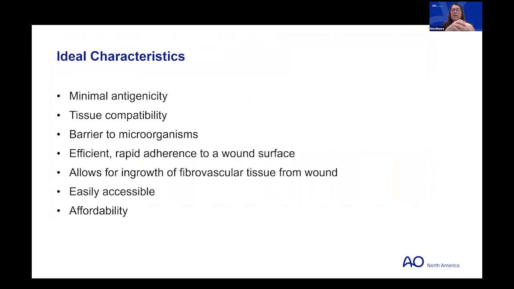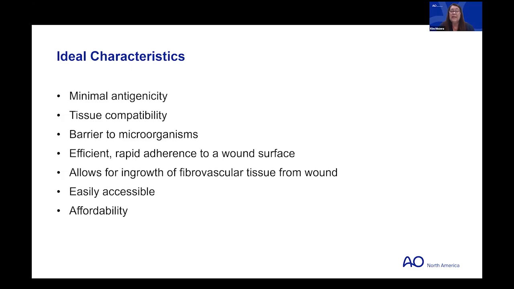So it would not be something that would react to tissue or reject the tissue. We would like it to be fairly compatible with its structure and its basement membrane and such, to be as close to skin as we could get. We would like it to be a barrier to microorganisms and be able to keep the tissue bed moist and adhere to the tissue bed.